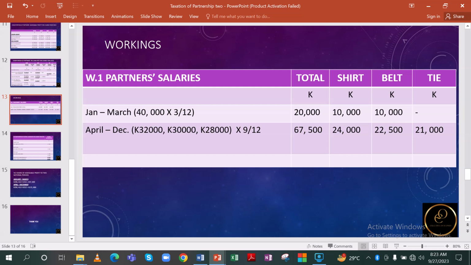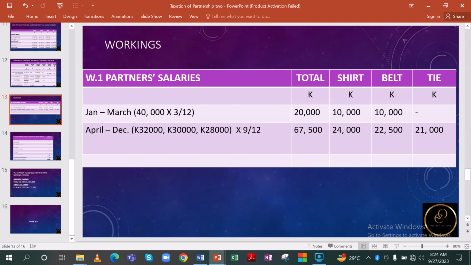Now, April to December is 9 months, so we apportion that to obtain the salary each partner got in the 9-month period. We multiply 32,000, 30,000, 28,000 by 9 by 12 each. For shirt, it reduces to 24,000, that's a 9-month salary. Then for belt, 22,500, and for tie, 21,000.